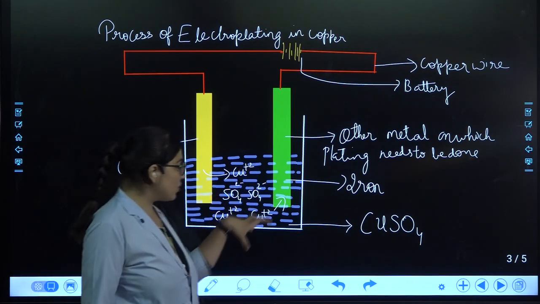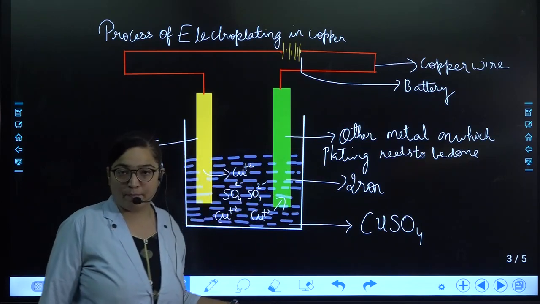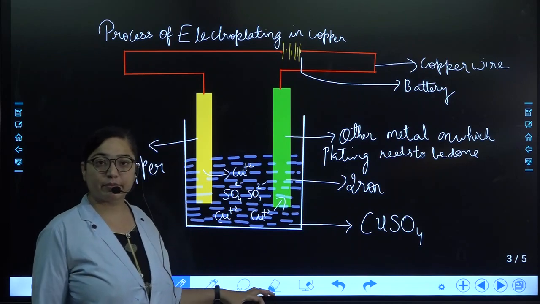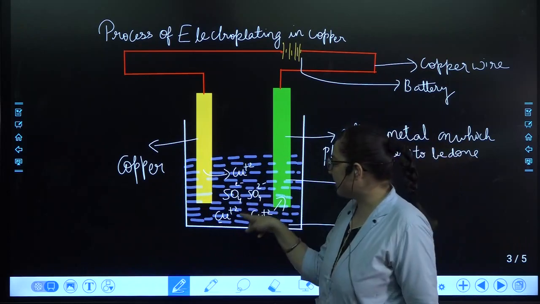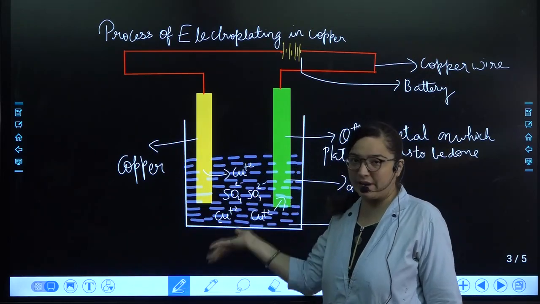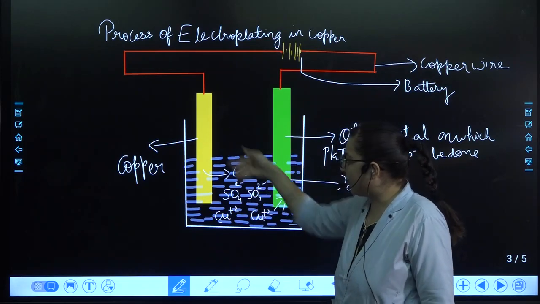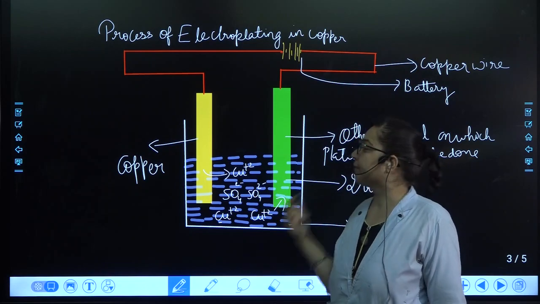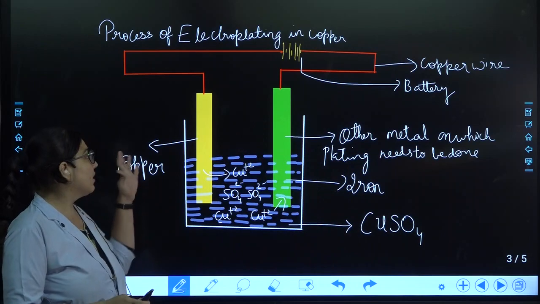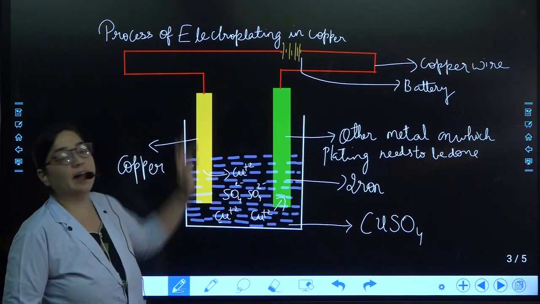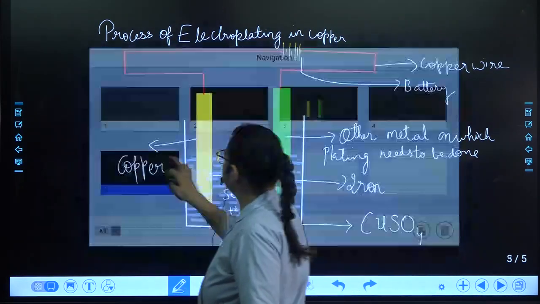So whichever Cu2+ ions are migrating from the solution, a space is left empty, and Cu2+ will come again from this positive terminal. So oxidation of the copper plate connected with the anode will take place.